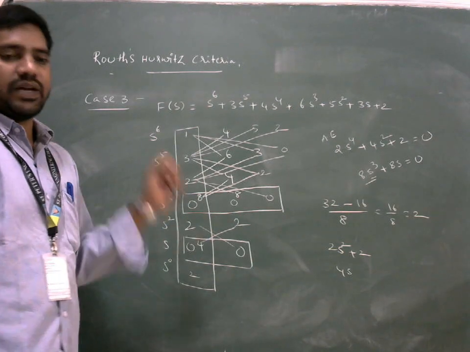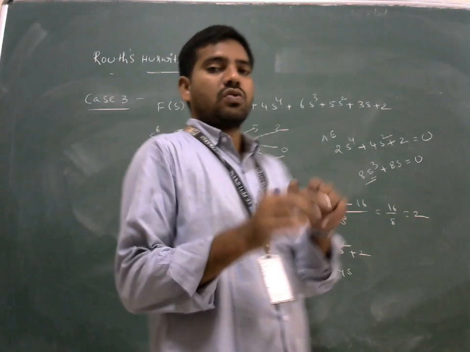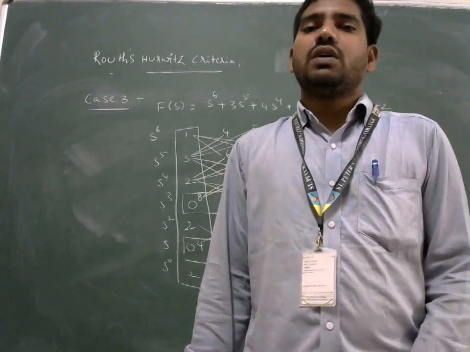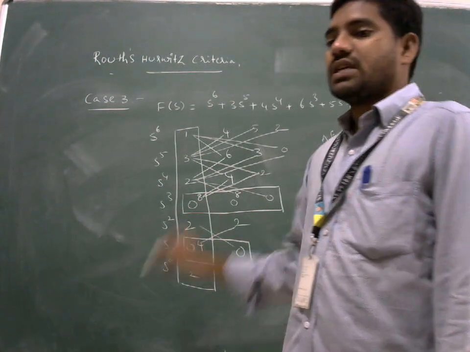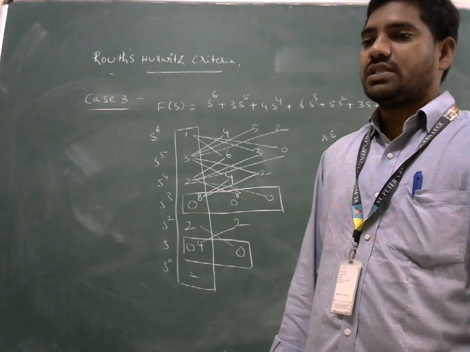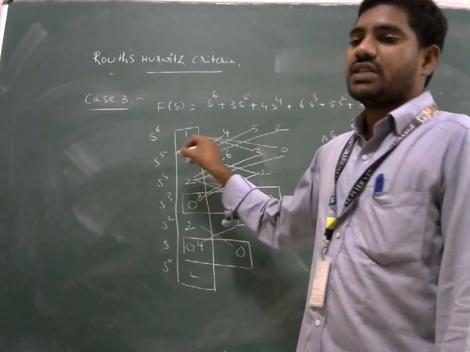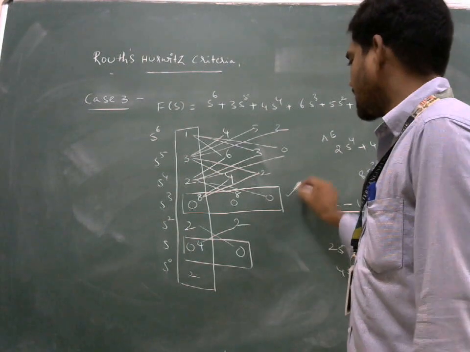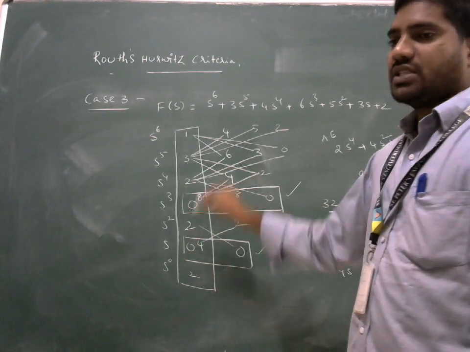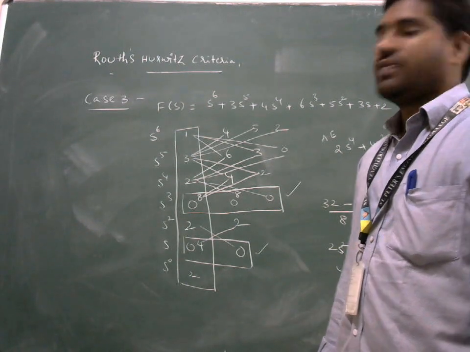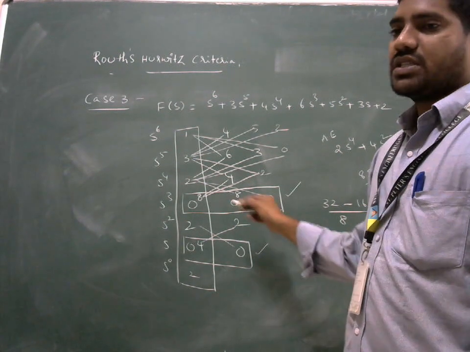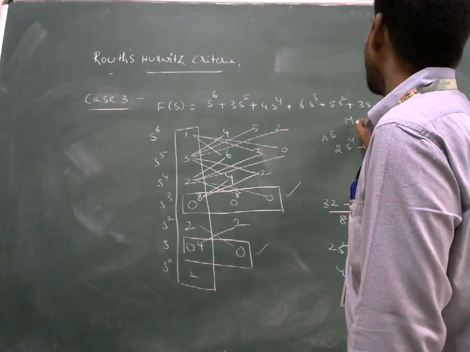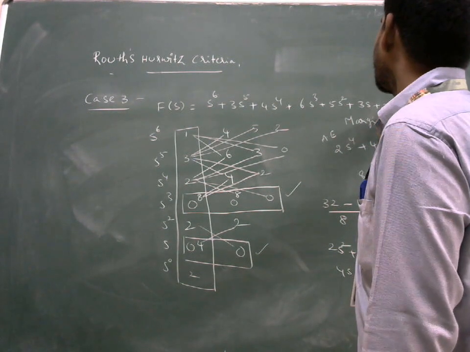Whenever all the elements in one row are zeros, then we can say that the system is marginally stable, if and only if there are no sign changes in the first column. Even if you are getting an auxiliary equation, if there are no sign changes, then only we can say that the system is marginally stable. This type of system we call marginally stable.